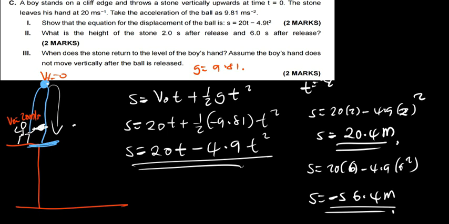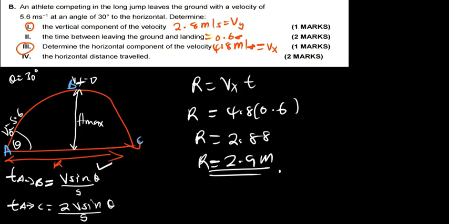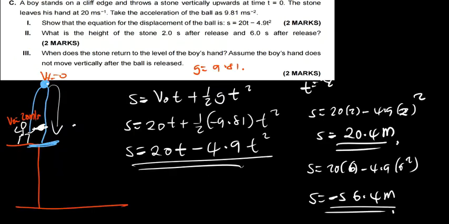So it's basically the same principle as the earlier question, from point A to B and B to C. So I'm going to denote this to be A, that to be B, and that to be C.